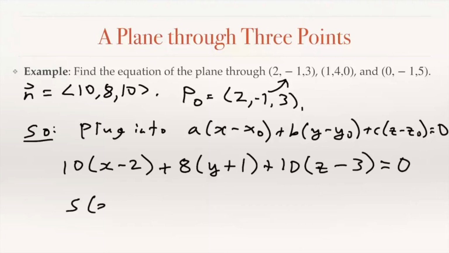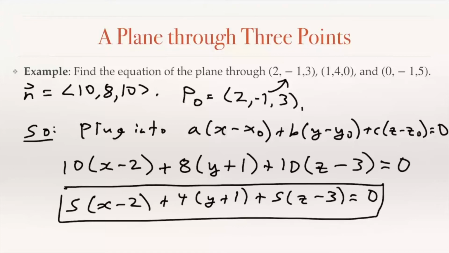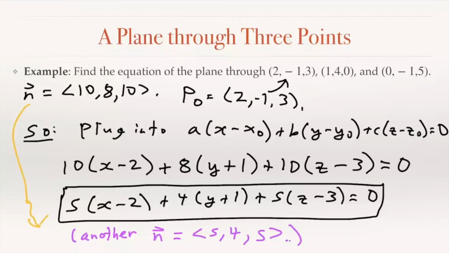It's the same thing as 5 times x minus 2 plus 4 times y plus 1 plus 5 times z minus 3 equals 0. And I want to point out that this division by 2 corresponds to another normal vector to the plane, 5, 4, 5, which is just this one divided by 2. And that's because if you take a normal vector and scale it, it's still going to be orthogonal to the plane.